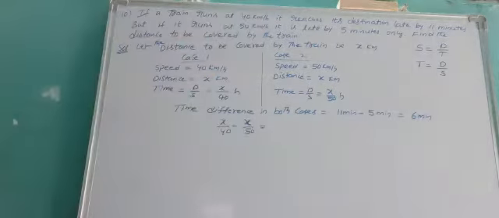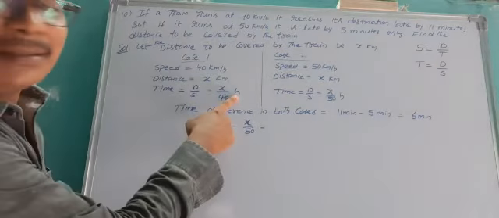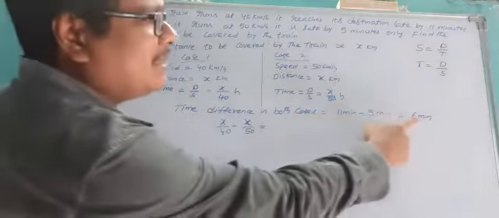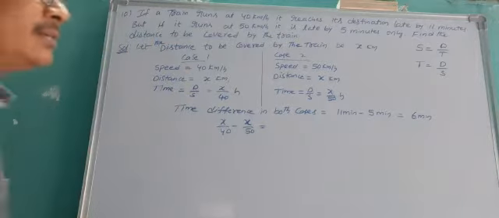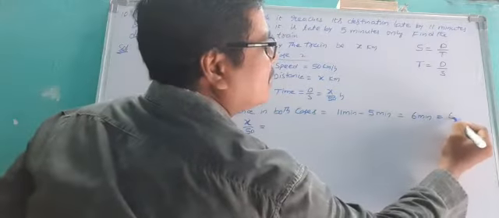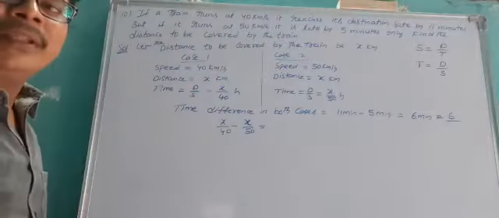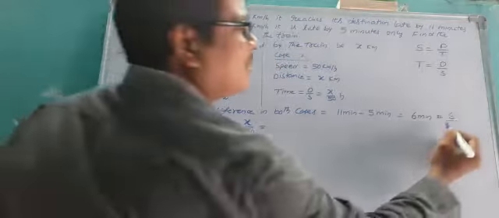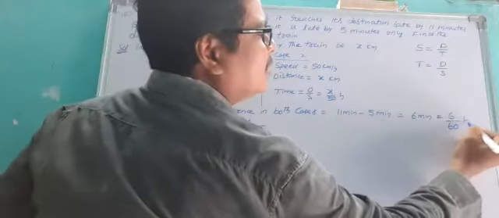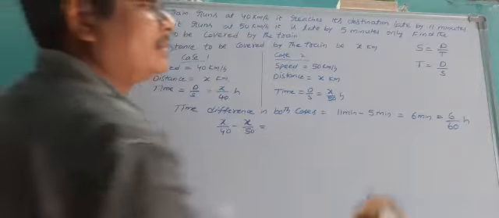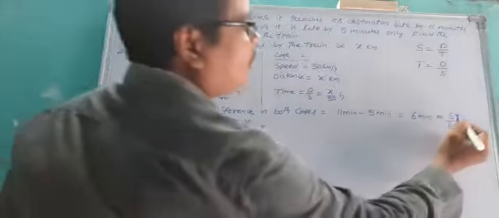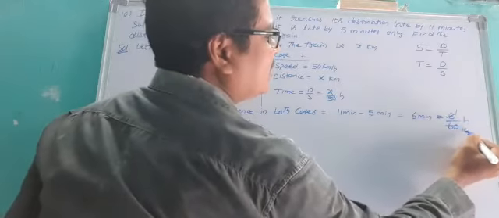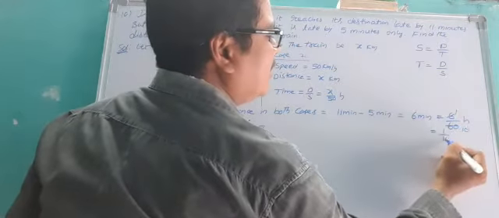But observe, this time is in hours, this time is in hours, but this is in minutes. Now convert the minutes into hours. In 1 hour how many minutes? 60 minutes. So 6 by 60 hours, that equals 1 by 10 hours.